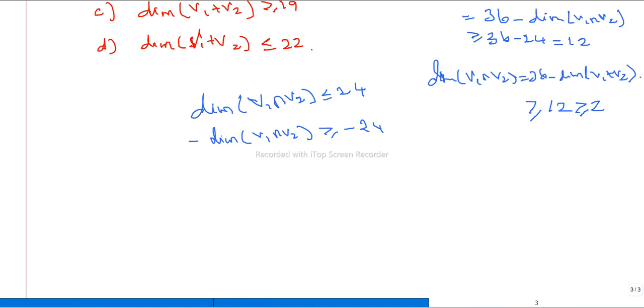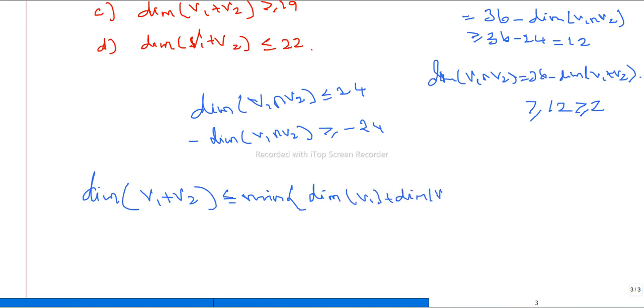So you are saying the dimension of the sum of the subspaces is less than or equal to the minimum of the sum of the dimensions of the subspaces and the dimension of the vector space V. Here V is 24, therefore maximum is 24.